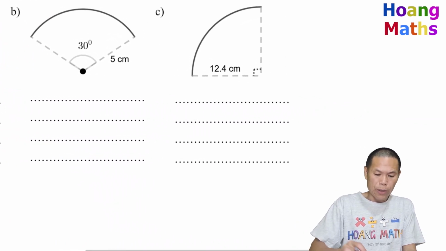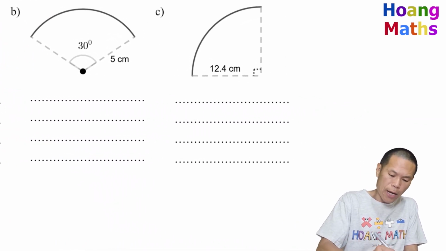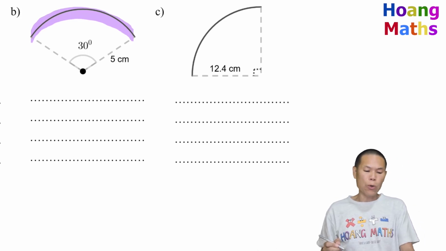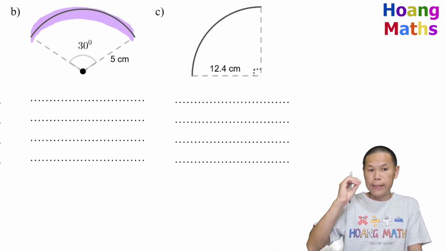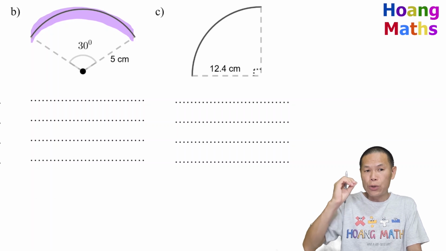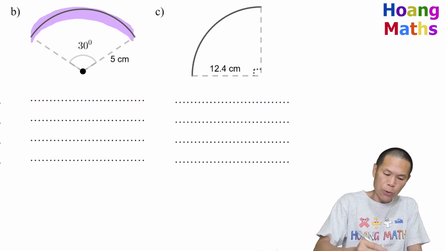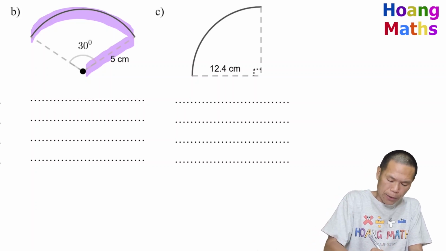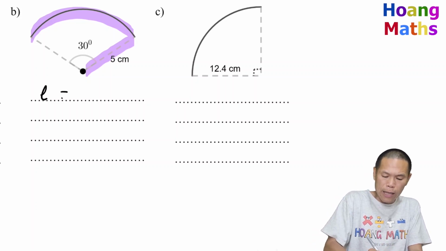Part B. We need to work out the length of this arc here, and it's a part of a circle. We know that the circumference of a circle is 2 pi r, because the radius of this is 5. So the arc length, let's start with the circumference of a circle, is 2 pi r.